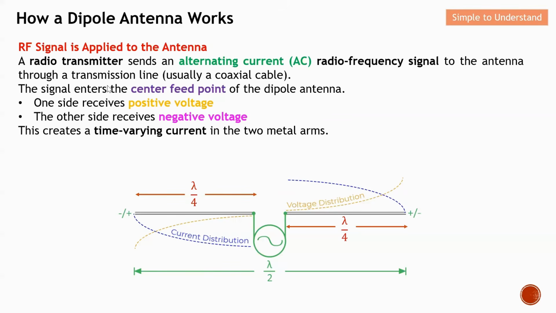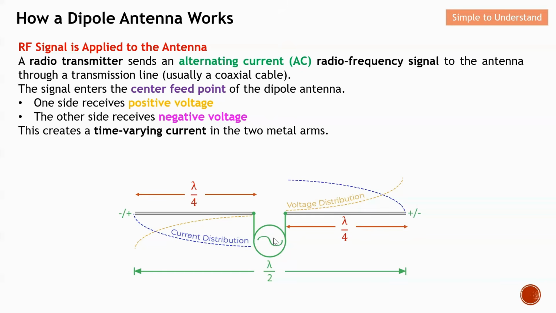Next objective, let me explain step by step how a dipole antenna works. First thing will be how the RF signal is applied to the antenna. As you can see from here, this is the source of the RF signal. A radio transmitter sends an alternating current. From the transmitter, they send this AC radio frequency signal to the antenna.